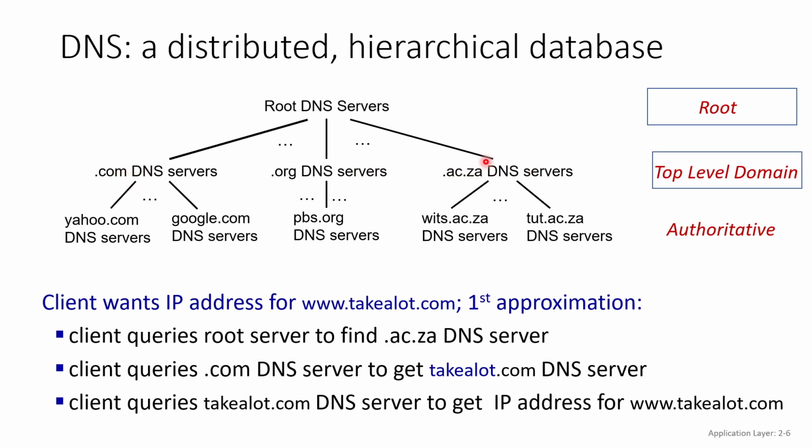But let's speak about ZA. ZA associated with AC means we are going for an academic top level domain. We have .co, a corporate top level domain, like fnb.co.za or whatever.co.za. This is a corporate top level domain, right?